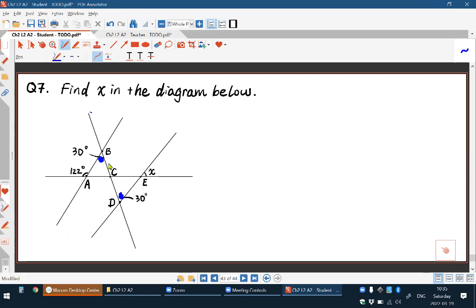Equal. Yes, but do you remember the names of this pair of angles? Alternate interior angles, right? Because we have alternate interior angles which are congruent. So you can say angle ABC equals angle BDE.